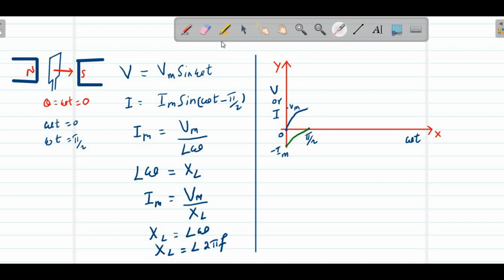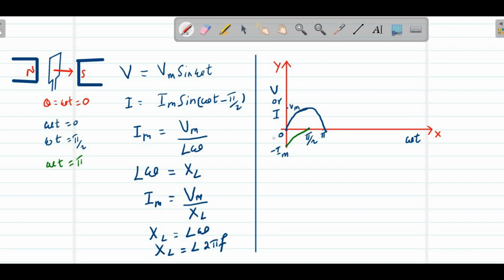The next angle, if I apply omega t equal to pi, that is 180 degrees. What happens here? In the first equation of voltage, V equal to Vm into sin 180. Sin 180 is 0. So voltage again becomes 0. Means the voltage will reduce to 0 again. Voltage from the peak value will gradually become 0 here. Here the angle is pi radian.